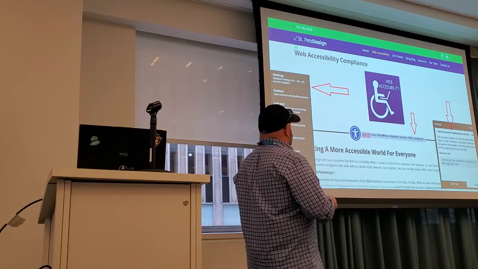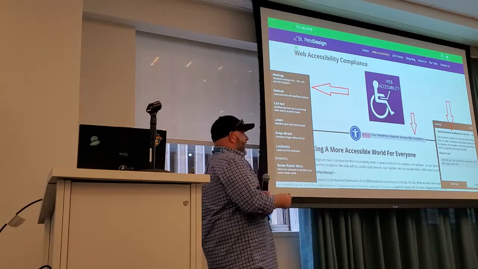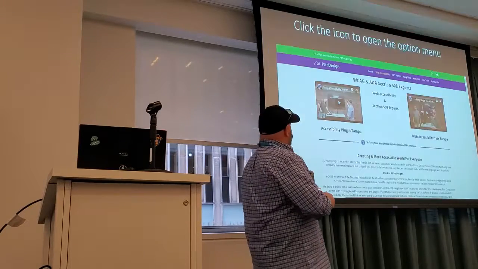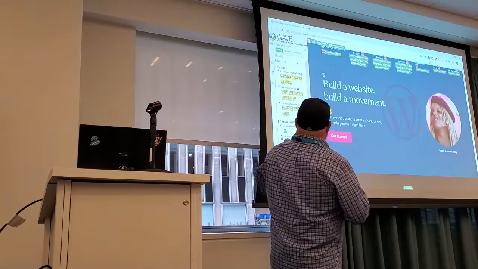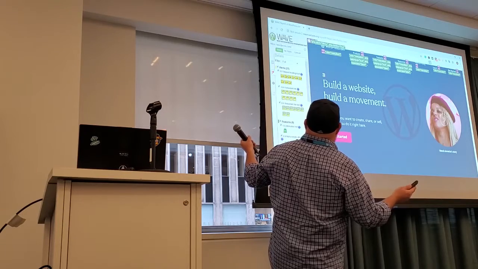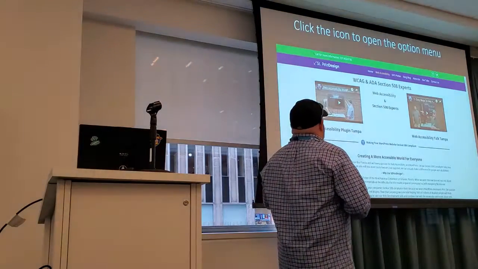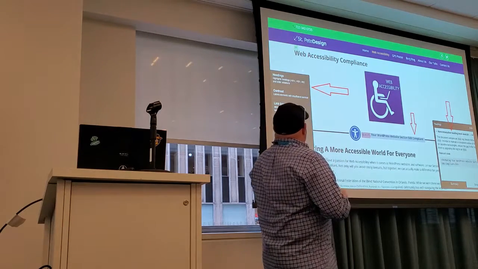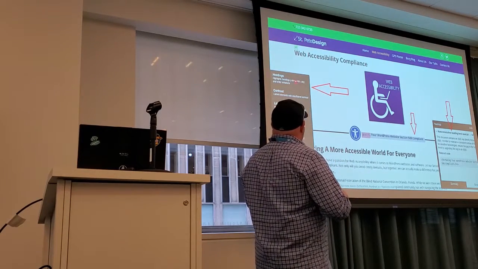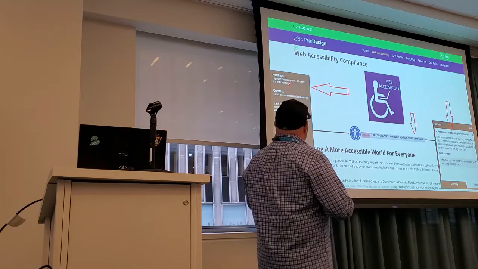A lot of these testing tools, just like Wave, I don't like how it just throws everything at you. For instance, with Wave, I'm looking at this like, okay, it's demoralizing. So I like this tool because now I just want to work on headers. So I'm going to click headers, okay?